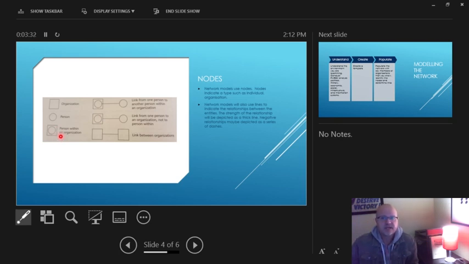So these are symbols so we can visually identify what we're looking at. And some examples over here include a person within an organization linking to another person, either probably outside that organization. Down here, we might see a link of a person to an organization, but not within the organization. And finally here we could see links between organizations, just denoted there by the squares.